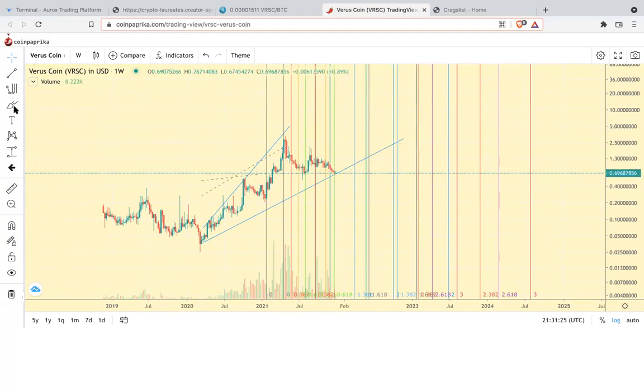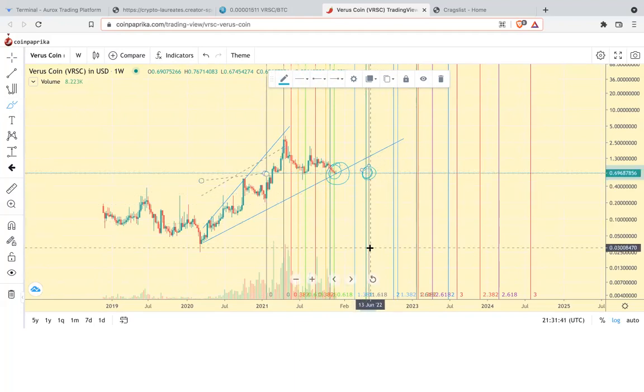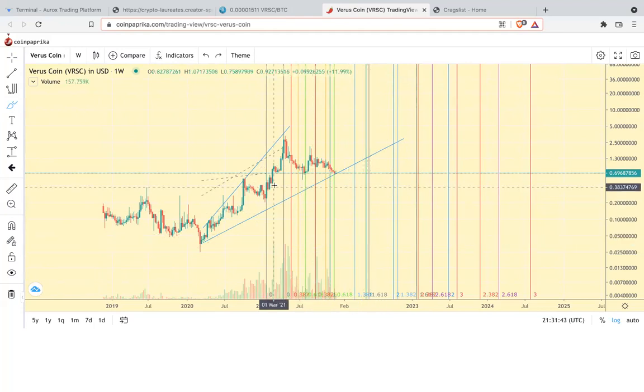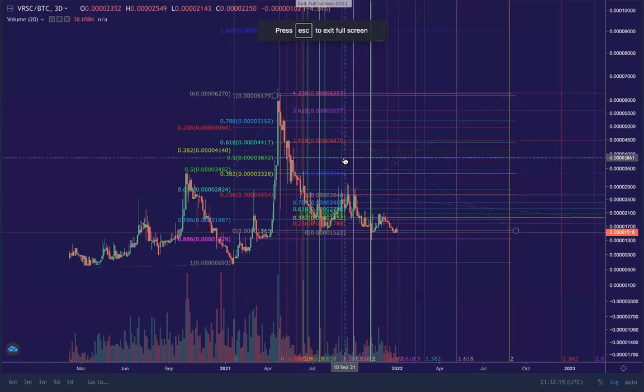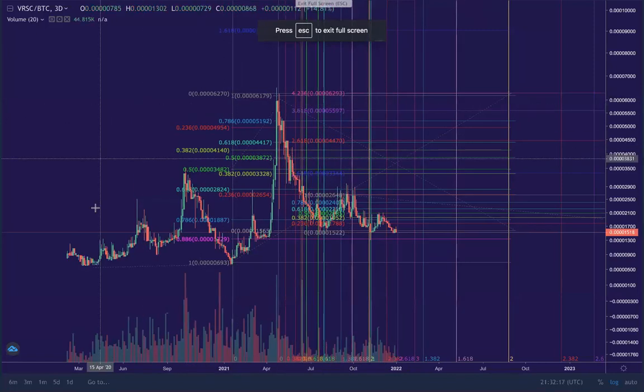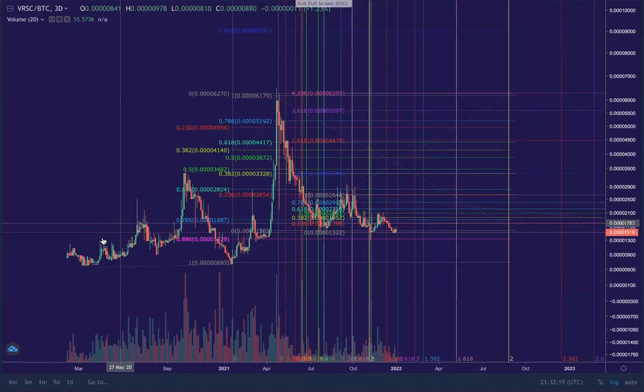The two main areas time-wise to look at are currently here, and then around the spring and summertime, let's say May and June. Those are the two main zones on this dollar chart. And on the SafeTrade chart, which is the BTC chart, I also want to recognize this expansiveness of the Varus price.